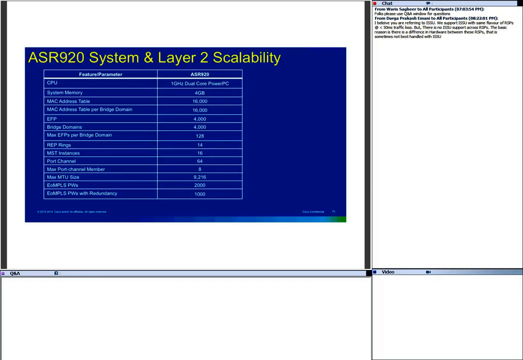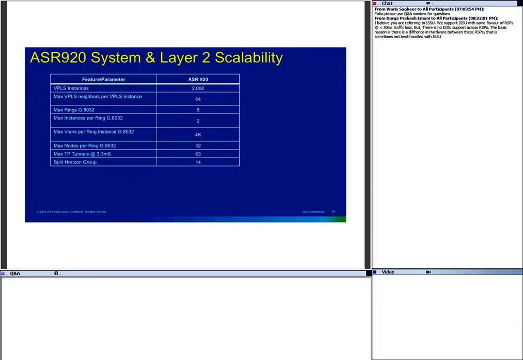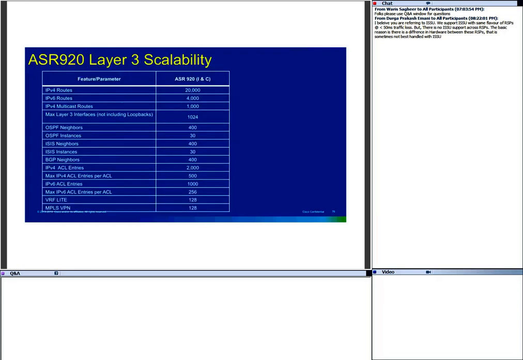Next, getting to ASR920 scalability. In terms of scalability, the MAC addresses that we support is 16,000. Ethernet over MPLS pseudo-wires is 2,000, MTU size 9216, just touching upon the important ones. VPLS instances 2,000, IPv4 routes 20,000, IPv6 routes 4,000, and IPv4 multicast routes is 1,000.